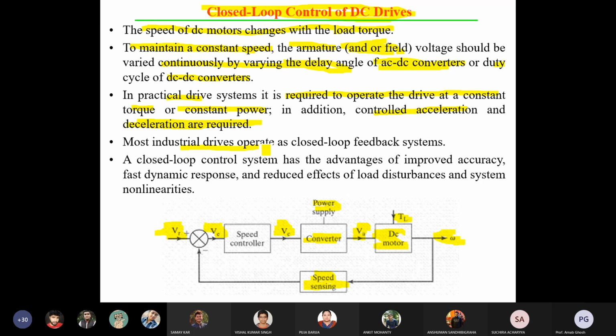Most industrial drives operate as closed loop feedback systems. The closed loop control system has the advantage of improved accuracy and fast dynamic response. What is fast dynamic response? I am talking about the load variations. It will take some time, as the inertia of the motor is comparatively high. The time constant is very small in the electrical circuit compared to the mechanical circuit.